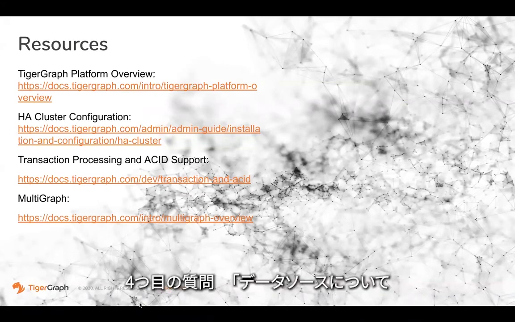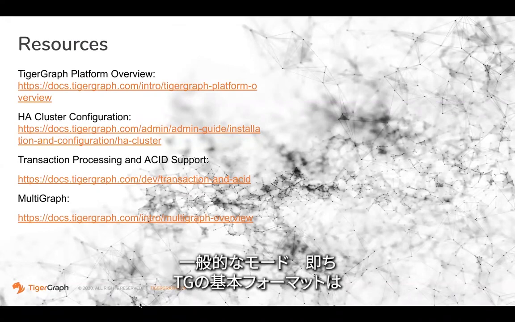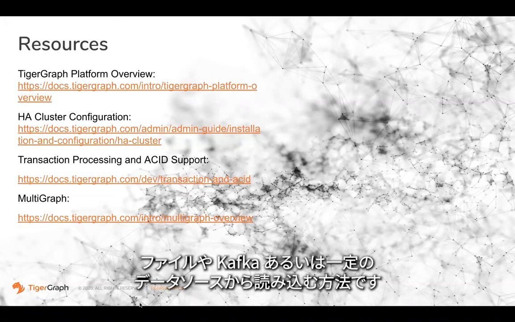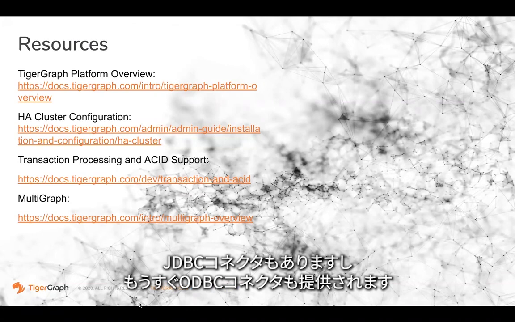Fourth, your data sources. How would I connect to solutions like SharePoint or OpenText? The general mode is that our basic format is we read from files, or from Kafka, or from certain data stores. We also have a JDBC connector, and we'll soon have an ODBC connector.